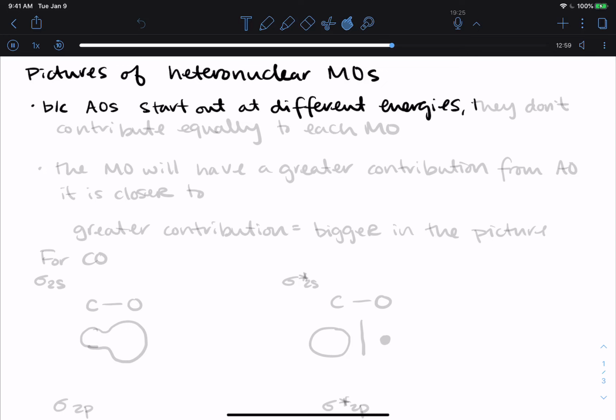They don't contribute equally to each MO. So the MO will have a greater contribution from the atomic orbital it is closer to.